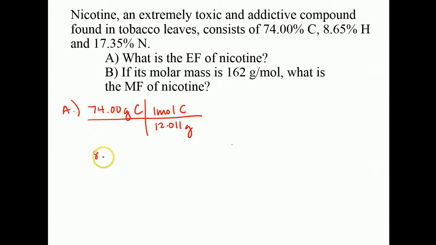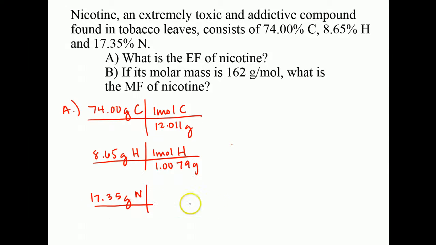And we have 8.65 grams of hydrogen. Its atomic weight, 1.0079 grams. And nitrogen, 17.35 grams. Its atomic weight, 14.0067.